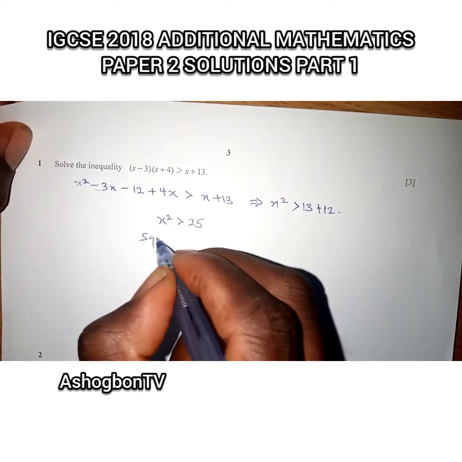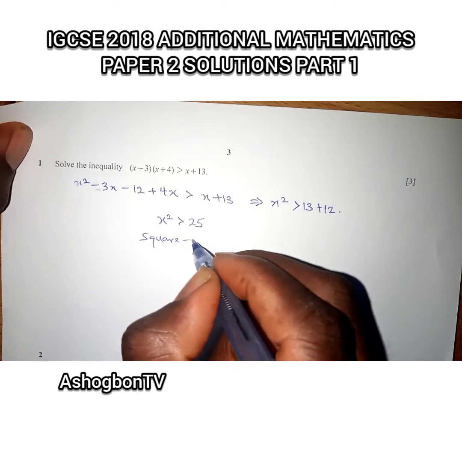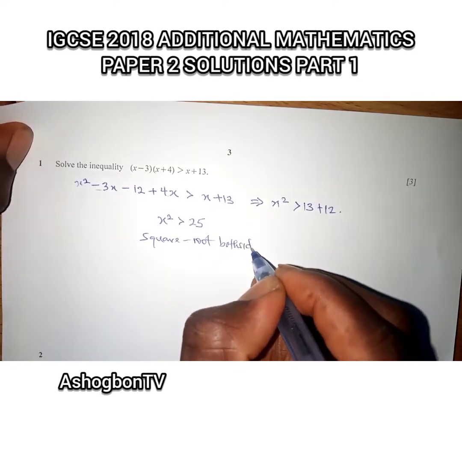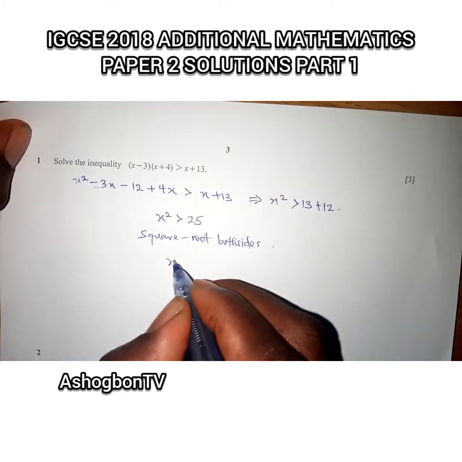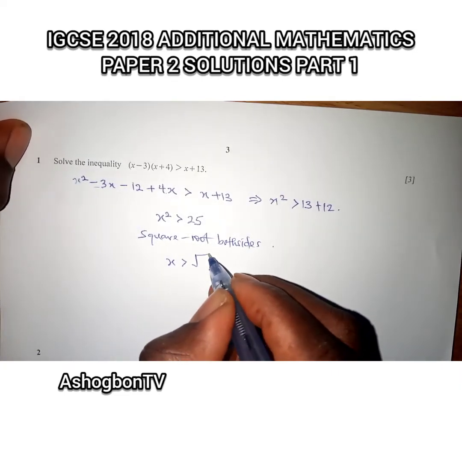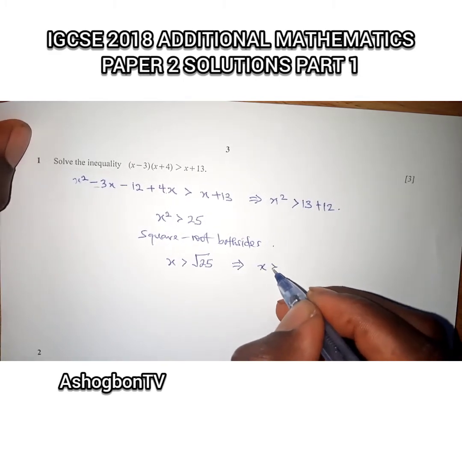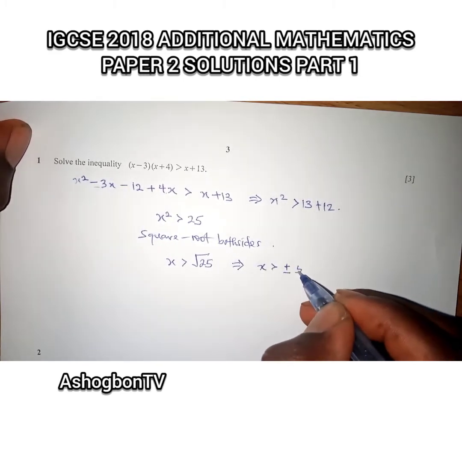So you just have to square root both sides. And when you square root both sides, you will have the square root of 25, and the square root of 25 is plus or minus 5.